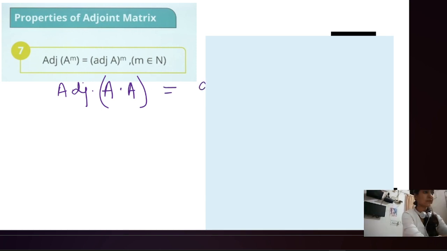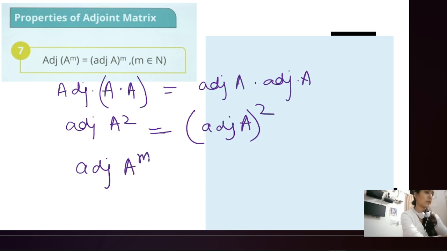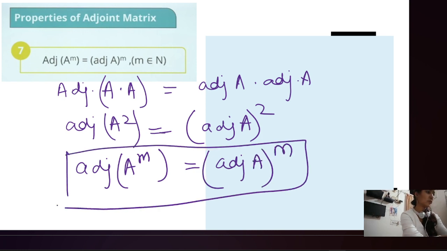So we can write adjoint of A, adjoint of A. Using the previous property, in place of B we are taking A. So from here we can say adjoint of A square is equals to adjoint of A whole square. So in place of 2, we can take m also: adjoint of A to the power m is equals to adjoint of A whole to the power m. So this is an easy one.